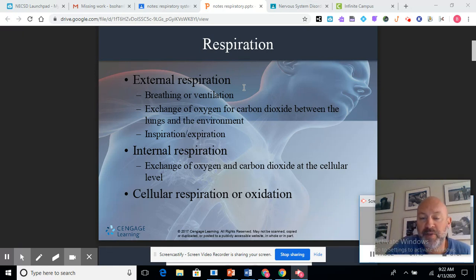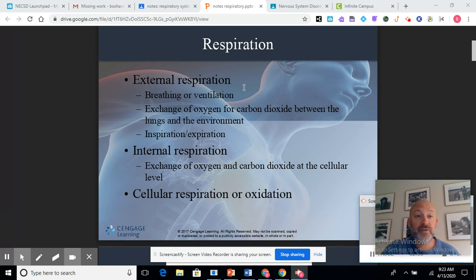But it's not the only place that gases are exchanged, because internal respiration involves the gases being exchanged between the blood and the tissues of the body, so at the cells. And then if we go deeper inside the cells, we see cell respiration as the oxygen actually enters into the individual cells, hooks up with the mitochondria.